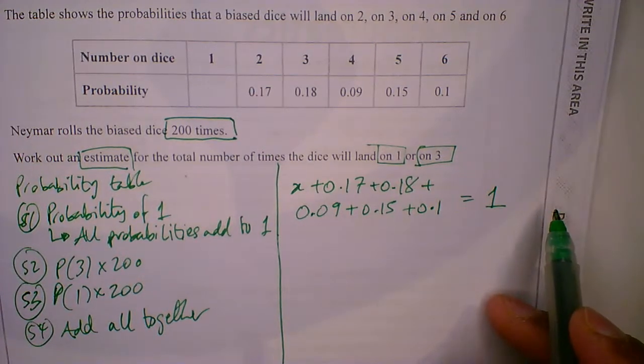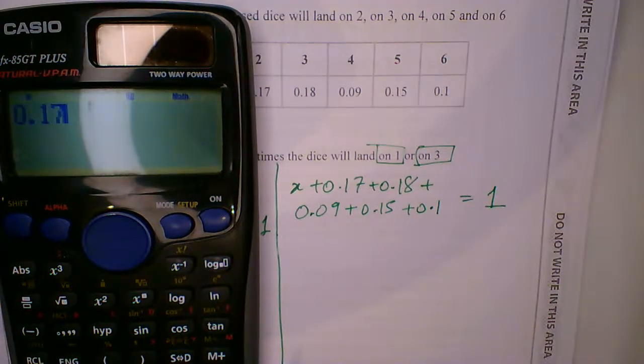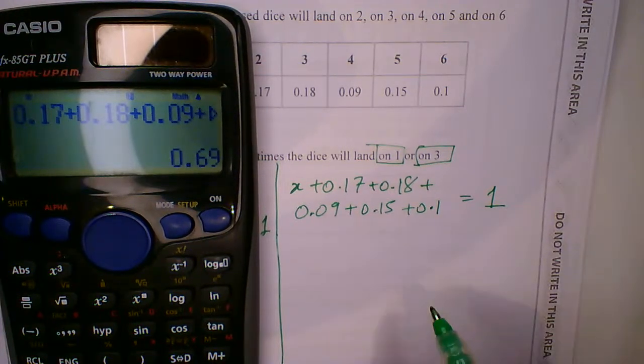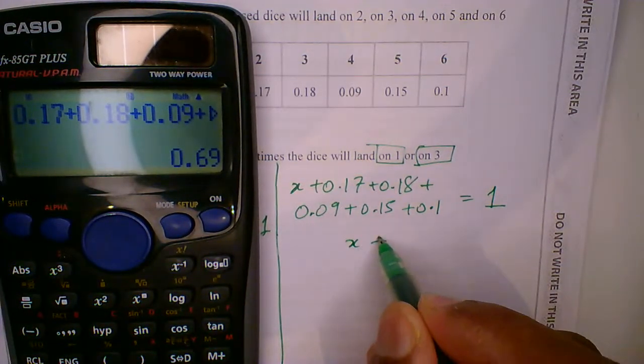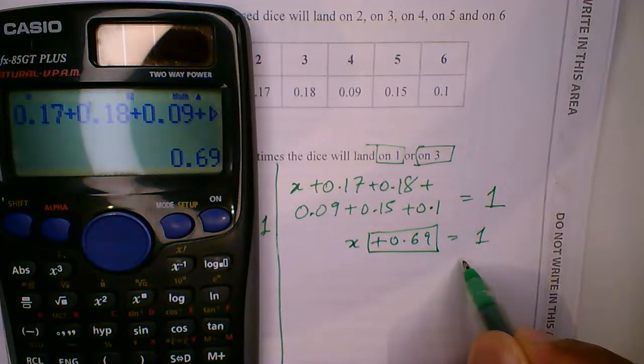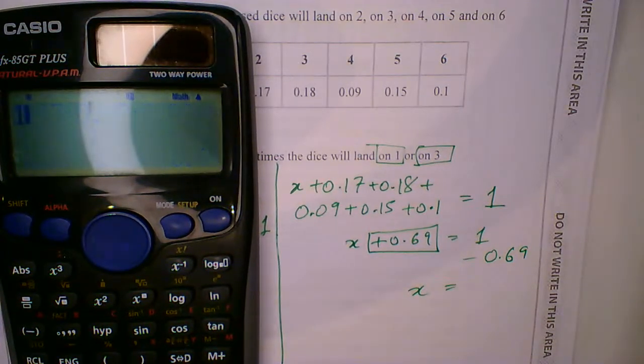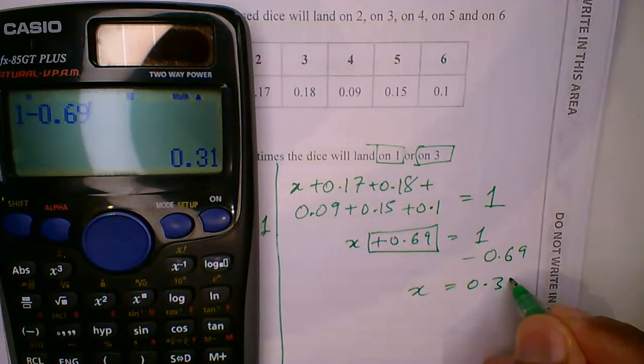Now it's a calculator question, so we can just add these together. 0.17 plus 0.18 plus 0.09 plus 0.15 plus 0.1 equals 0.69. So x plus 0.69 equals 1. Subtract 0.69, x equals 1 take away 0.69, which gives us 0.31.